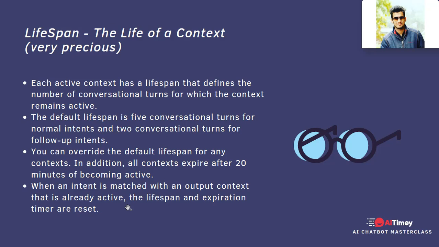Now if I am setting the lifespan to 5, that means from when I have triggered that particular intent which has an output context, for the next 5 conversational turns this context remains active. The default lifespan is 5 conversational turns for normal intents and 2 conversational turns for follow-up intents.